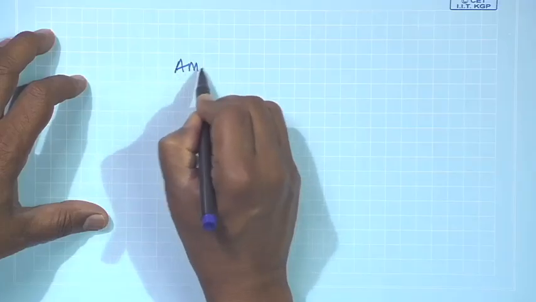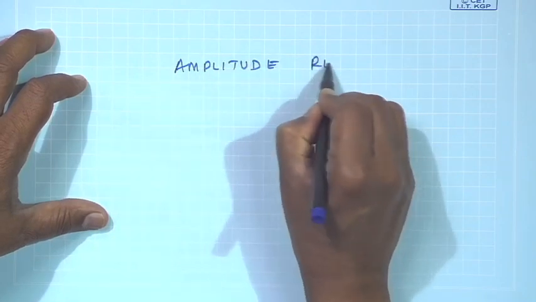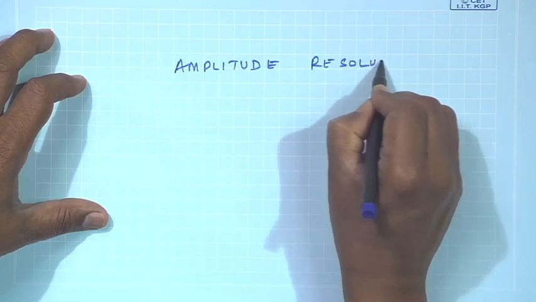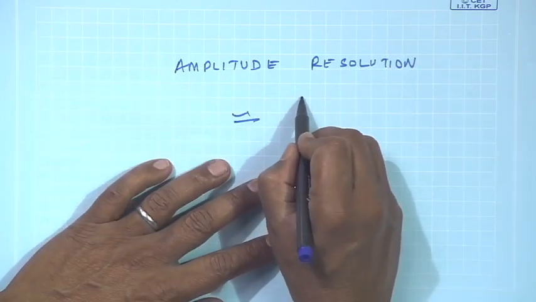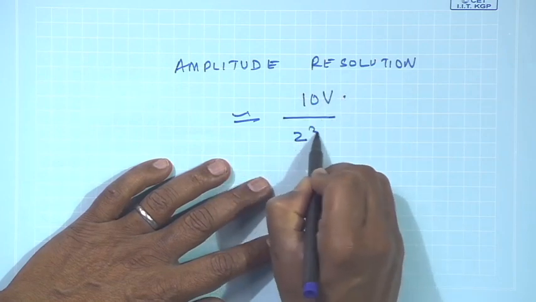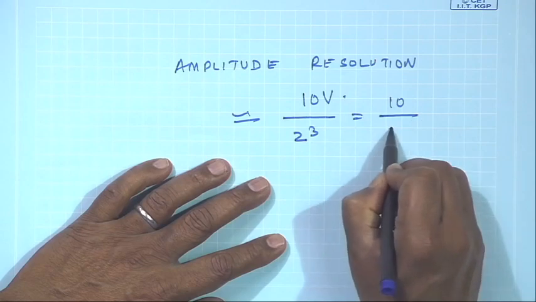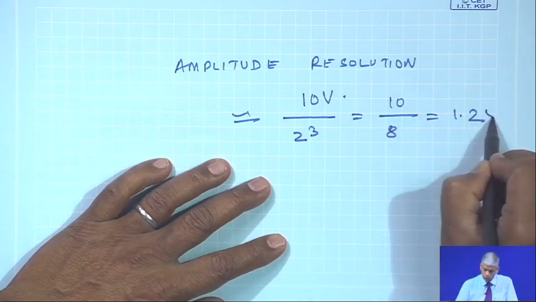So, this amplitude resolution is nothing but your total voltage, in our case 10 volts divided by 2 to the power 3, 10 by 8, which is 1.25 volt.